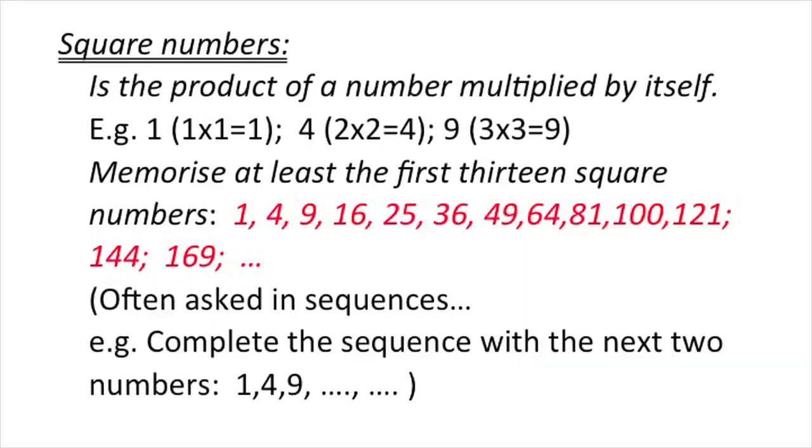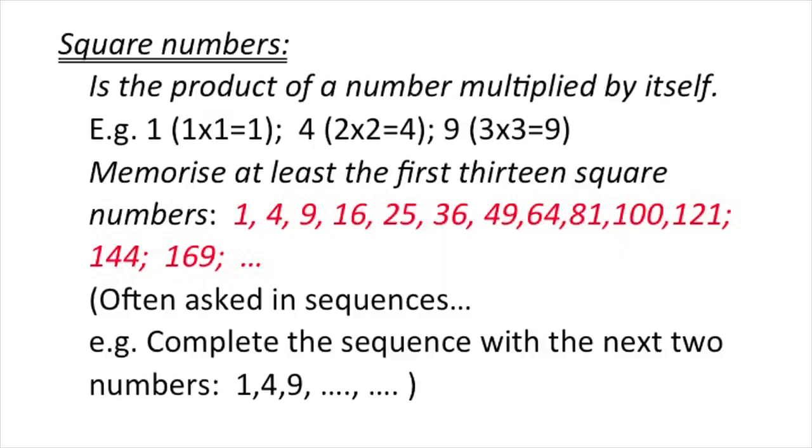The next group of numbers, square numbers. Memorize your first 13. What are square numbers? It's a number multiplied by itself. And remember that 1 is also a square number because 1 times 1 gives me 1. The second one, 4, because 2 times 2 gives me 4.